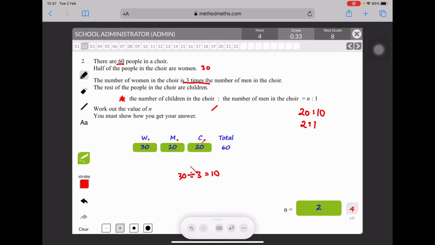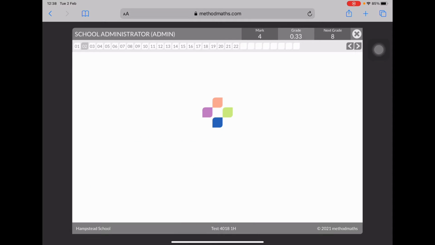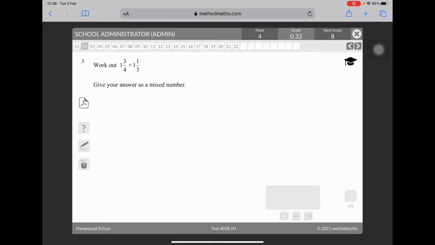So moving on to question 3. Work out, so you have to multiply these 2 mixed numbers together, give your answer as a mixed number. So I will convert them into improper fractions.